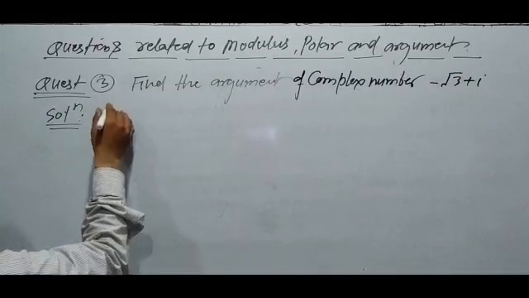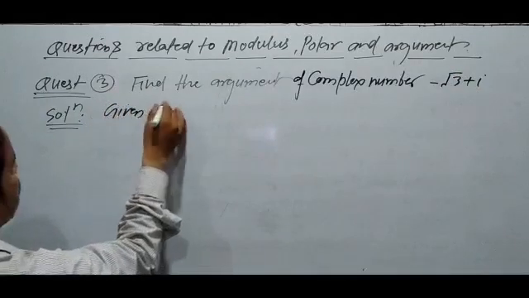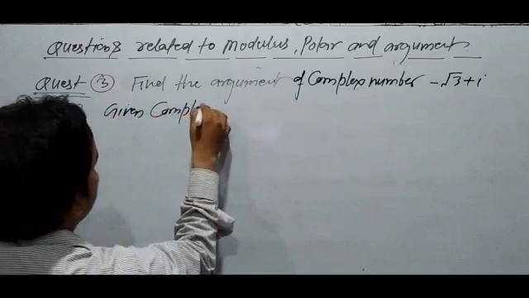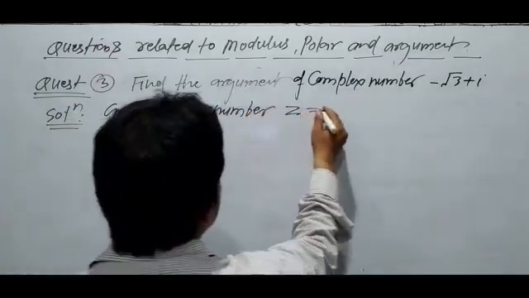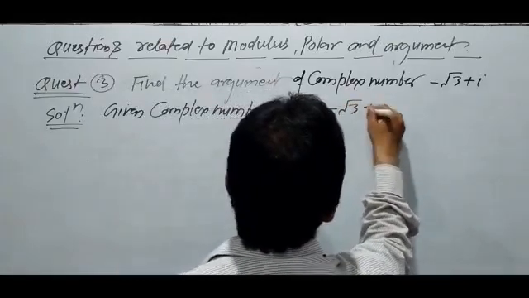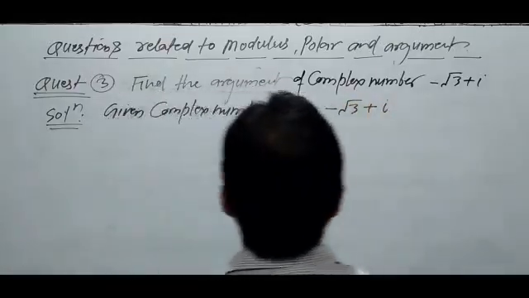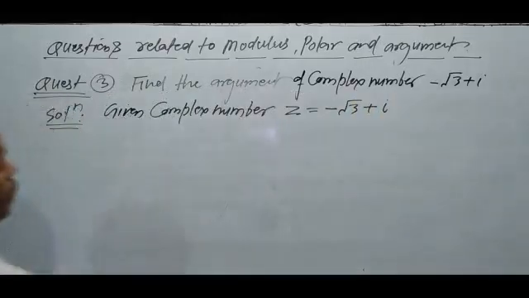The given complex number is z is equal to minus root 3 plus i. We have to find its modulus and argument. In case of argument, first of all, you have to compare with polar form.